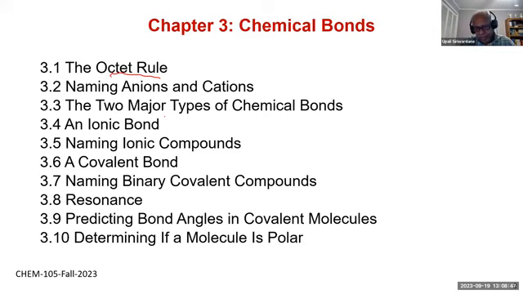Covalent compounds, which are neutral molecules, also show something called polarity. So you have to be able to tell, if I gave you a molecule of a covalent compound, whether that molecule is polar or non-polar. Those are the topics that we're going to talk about in this chapter 3. This is mainly based on the octet rule.